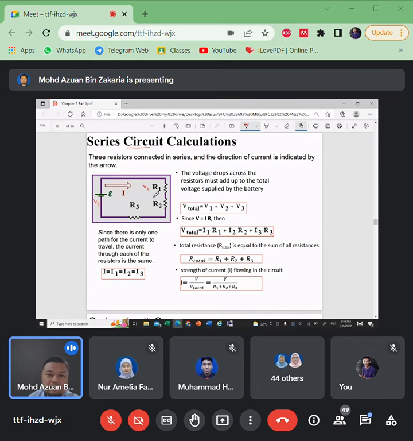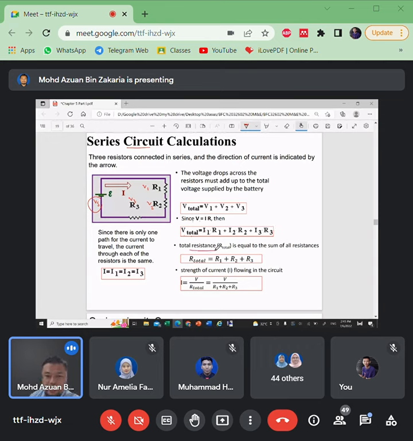So here will be V1, at R2 will be V2, at R3 will have V3. So the total of V1 plus V2 plus V3 should be similar to V supply or V total. Since V equals IR, then V total means I1 R1 plus I2 R2 plus I3 R3.